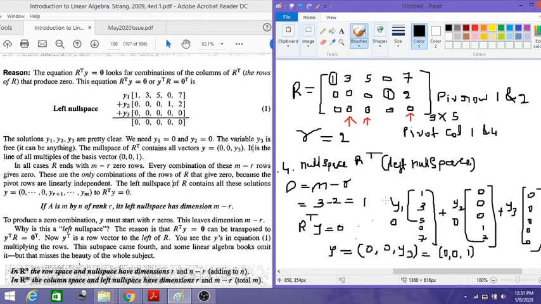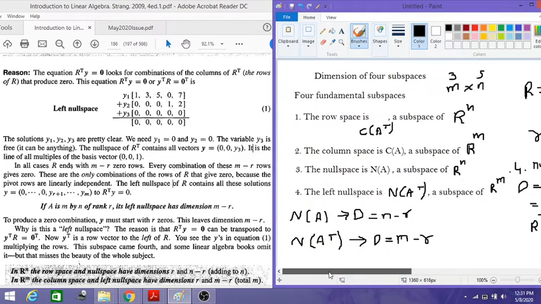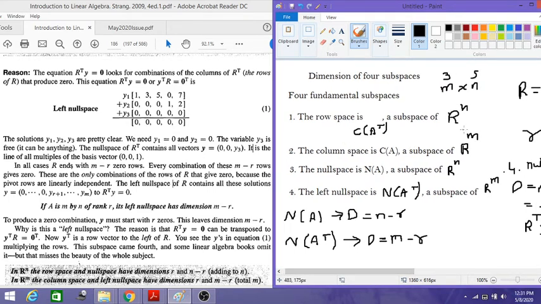So this completes our discussion with respect to the 4 fundamental subspaces which we started with. Now we have defined what its dimension is, what the dimension for the row space is, and what the basis vector for the row space is. If you want to quickly revise, the row space is a subspace of R power n.